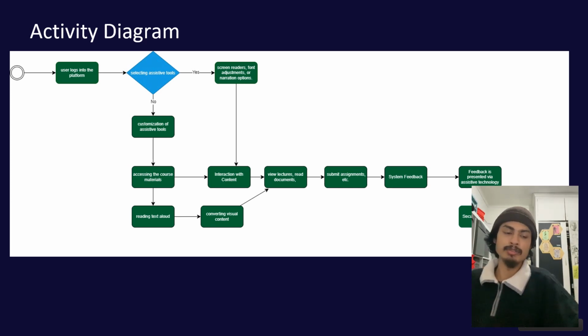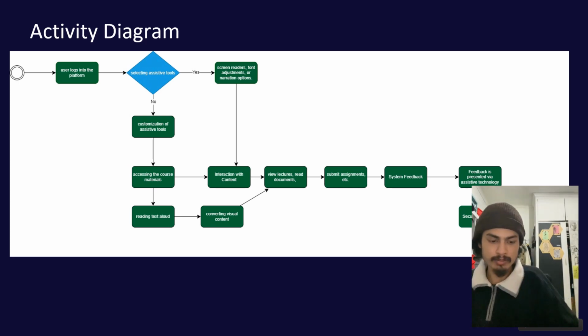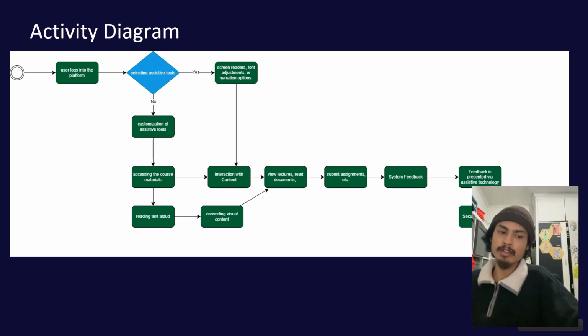The student can view the lecture, documents, and everything that they want to, and they can fully interact with the material. Completing the activities: after they interact with the system, they also have the option to submit the tasks, for example, before logging out.